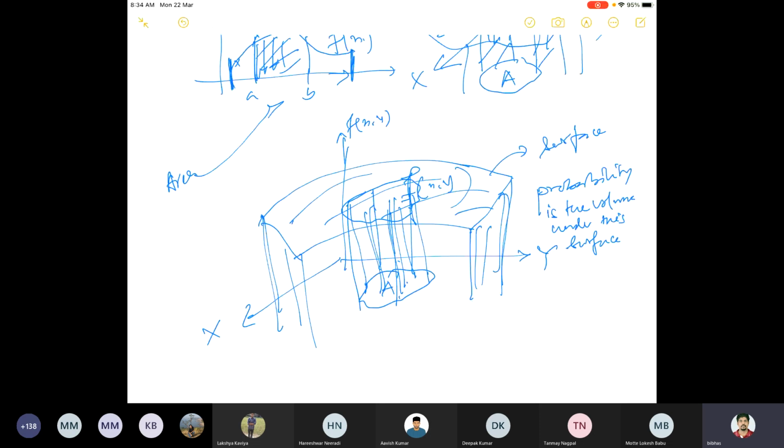And if I give you any subset of the sample space, then the probability for xy to belong to this particular set A is nothing but the volume under the surface, projecting on this particular set A. So this is the geometrical interpretation of joint probability distribution. Now, another thing to notice here is, and this is a big thing.